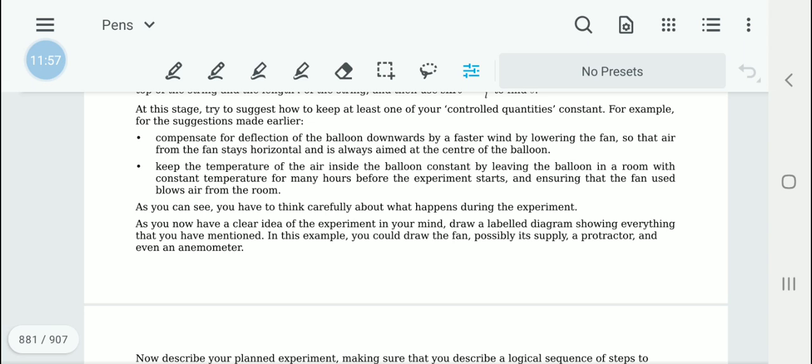Now in this particular situation, if there is a very fast wind, the faster wind would create a significant deviation. That means it would get deflected very much with a slight change.